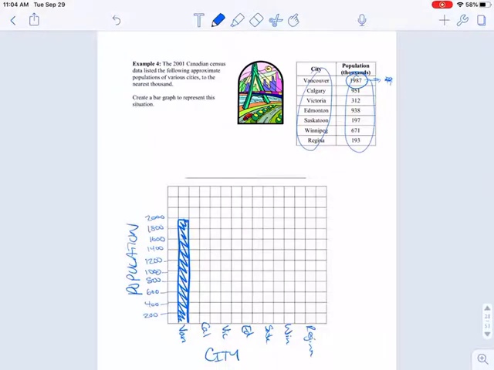Calgary's 951. So it's just over there. Victoria's 312. So there's 300. Oops, a little bit more maybe. Edmonton 938, so it's very similar to Calgary.